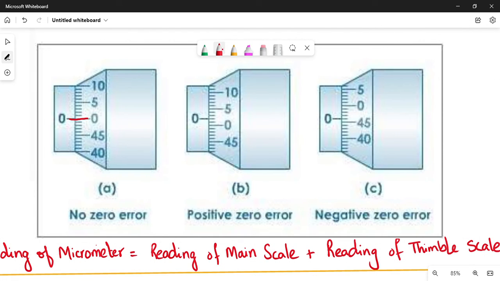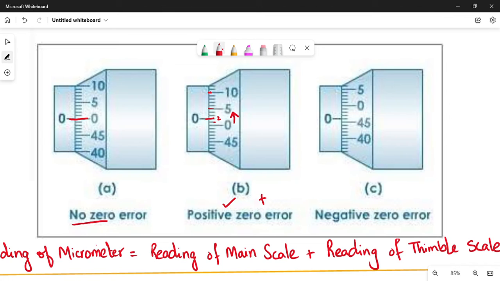It means that it has no zero error. Perfect. For the B part, you can see that the main scale line is coinciding at 2. One is this and this is 2. So the line for the main scale is coinciding with a number above 0. It can coincide with 5, it can coincide with 10, with any number above 0, it means that it has a positive zero error.